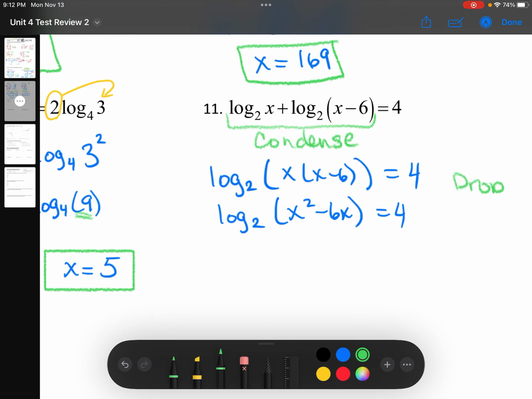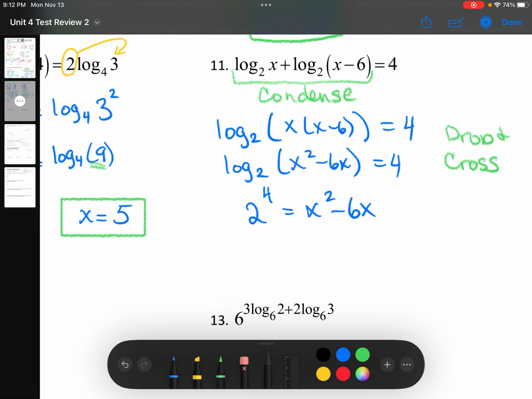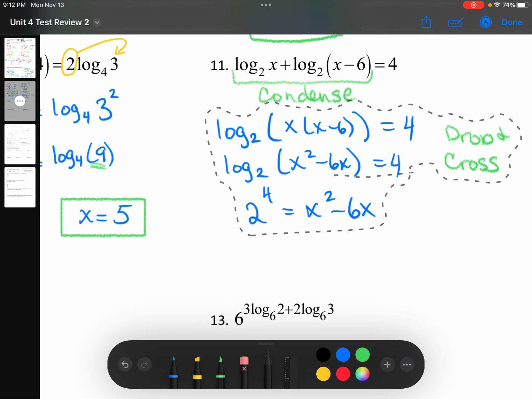From here, drop and cross, convert to exponent form, drop the base: 2 to the power of 4 equals x squared minus 6x. 2 to the power of 4 is 16.